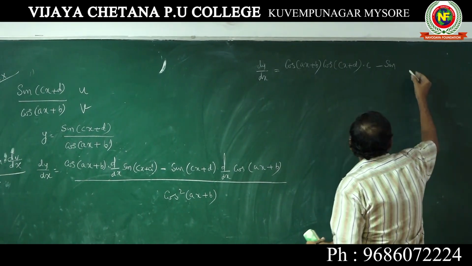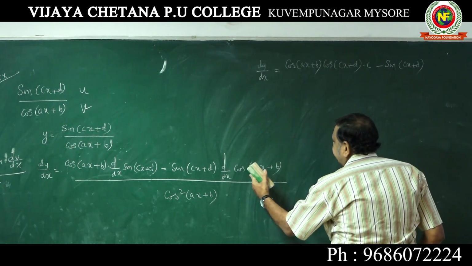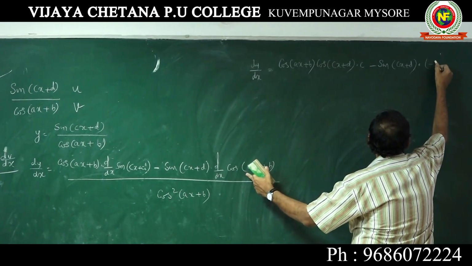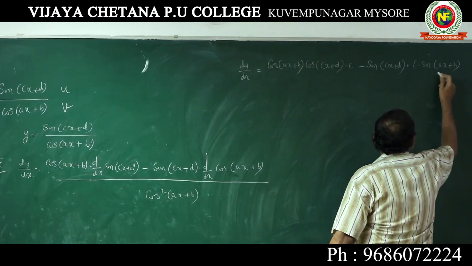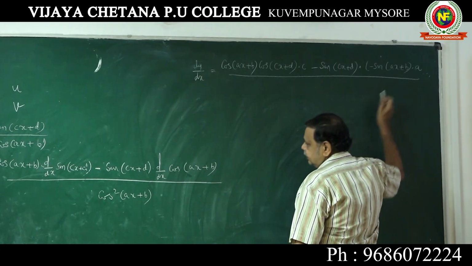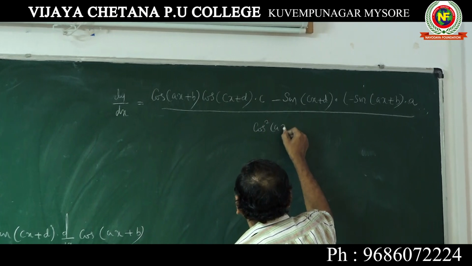Minus sin(cx + d) into d by dx of cos(ax + b) is, again, cos x differentiation is minus sin, so minus sin(ax + b) into d by dx of ax + b, which is a, by cos square(ax + b).